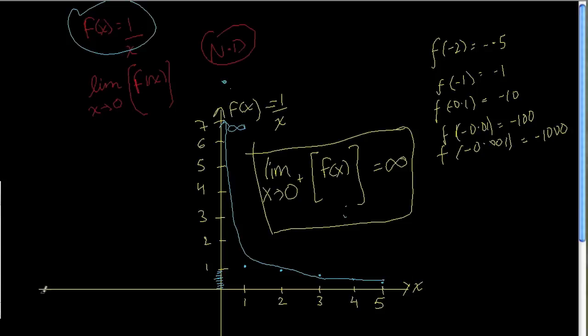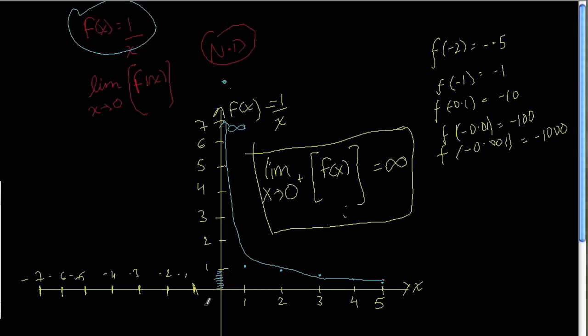Let me just now plot on the graph. 1, 2, 3, 4, 5, 6, 7. So 1, 2, negative 1, negative 2, negative 3, negative 4, negative 5, negative 6, negative 7.